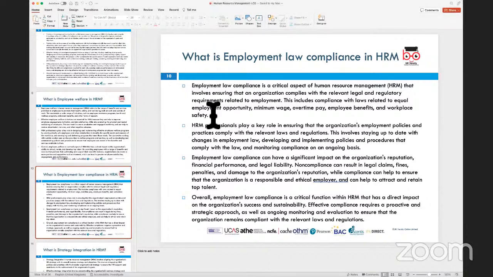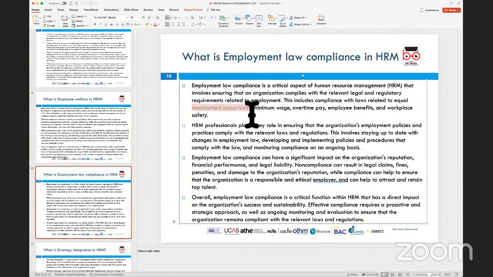So these typically include things like the Equality Act, Equal Opportunity Act, the Minimum Wage Act, the Overtime Pay Act, Employee Benefits and Workplace Safety, the Health and Safety Act, HASAWA as we call it in the UK, the Health and Safety at Work Act. These are basic compliances which HR would need to look at.